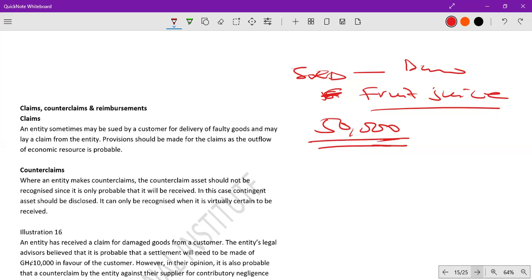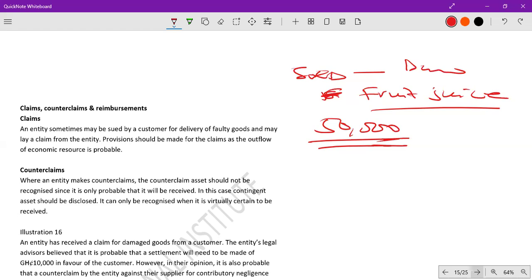Now, let's come to counterclaim. The counterclaim here means that after they have sued S&D, S&D too was advised by its lawyer that the component used to produce this fruit juice was bought from XYZ company.